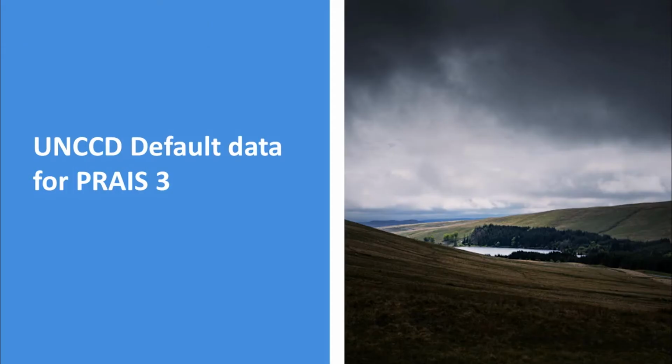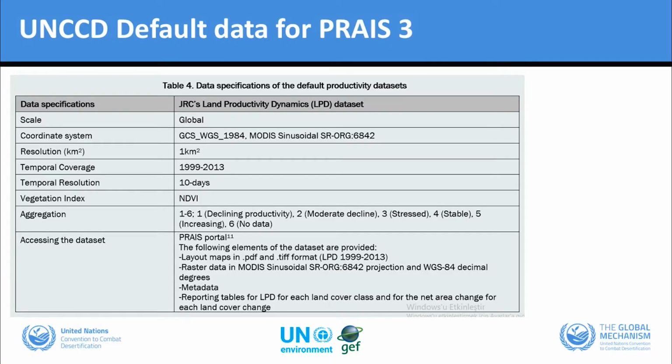And now in the following slides, I'm going to introduce you the UNCCD default data on land productivity, shortly named LPD, Land Productivity Dynamics default data, which was delivered to the country parties for LDN TSP and is also used for reporting.